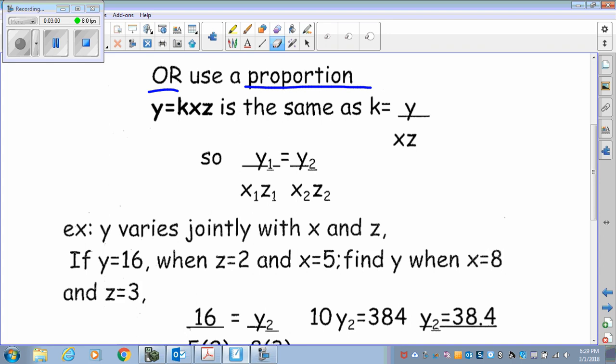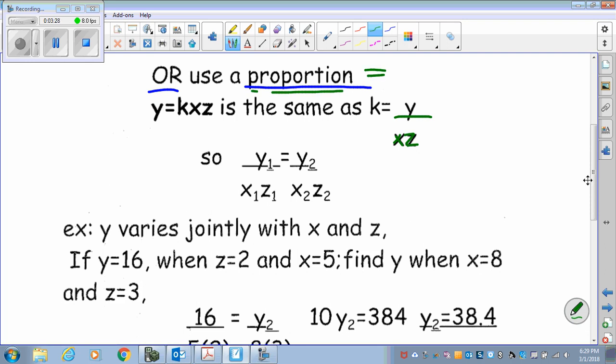K equals y over xz. And again, it's kind of like you've got a direct variation here, and then you've also got kind of an inverse here.